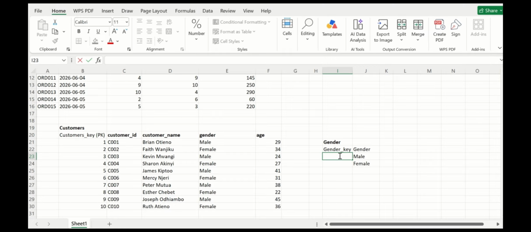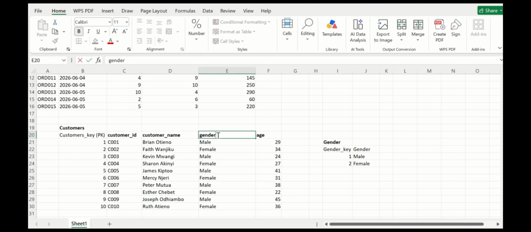The male can have gender key 1, and the female can have gender key 2. So here we'll come and replace with the gender key. Instead of writing the whole entire name, we will only write the gender key. That will reduce the space, because male and female take more space than just writing 1 and 2.